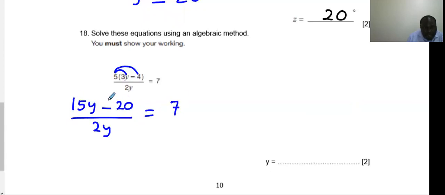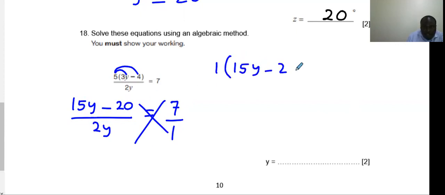Now, that is a fraction. Even this has to be a fraction by putting it over 1, and then you cross multiply. So it will be 1 times 15y minus 20 equals 2y times 7.